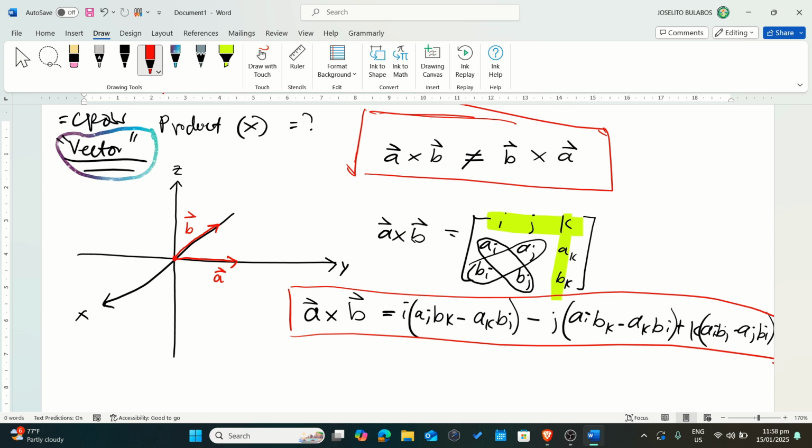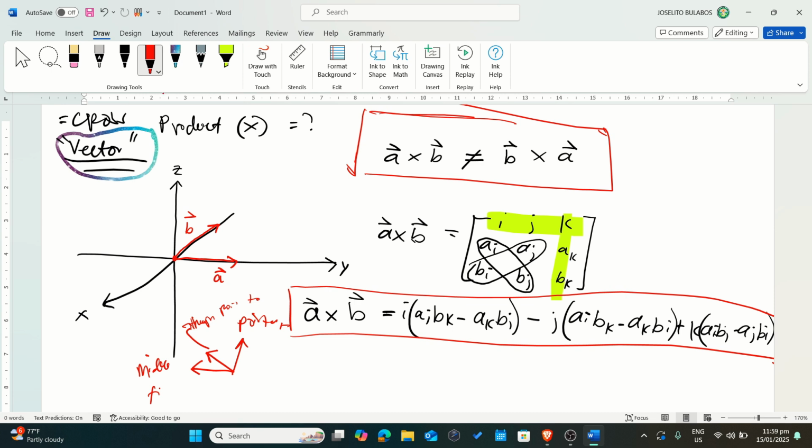Our pointer finger points to the direction of A, our middle finger points to the direction of B. This is our pointer finger, this is our middle finger, and this is a thumb that points to the direction of the cross product of A and B.